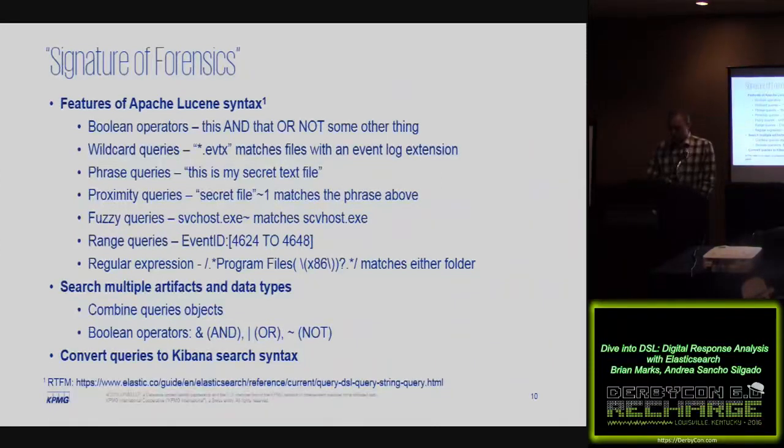Phrase queries is just a string of words, but the coolest thing is you can do proximity queries on those phrase queries to find matches within a word or two. You can also use fuzzy queries to find iterations of svchost, svchost with a zero. This uses the Levenshtein distance to find the difference in letters in a word.